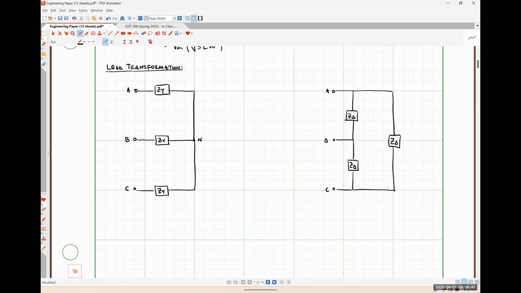So what I'm going to do now is essentially I am going to try to find the equivalent impedance seen between those sets of terminals and set them equal to each other, right? So essentially, if I look in here between terminals A and B, I would see some impedance, ZAB.